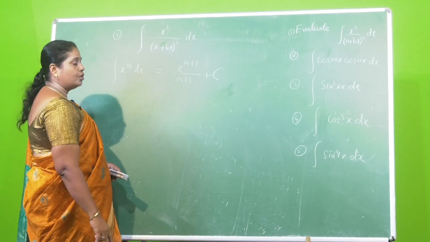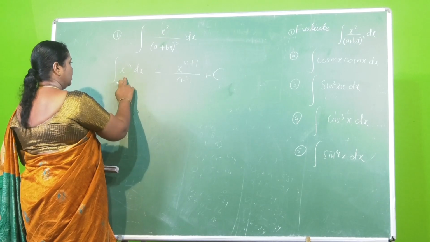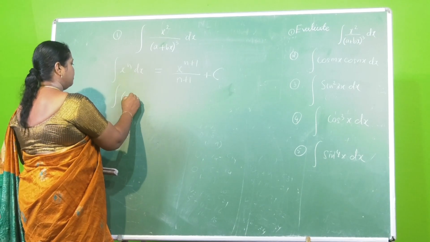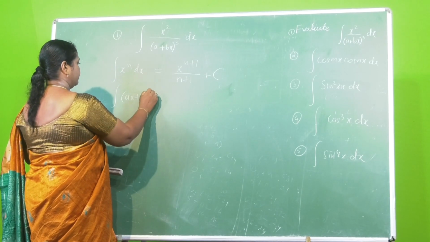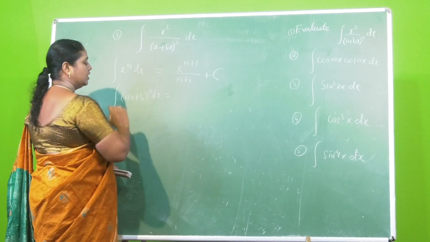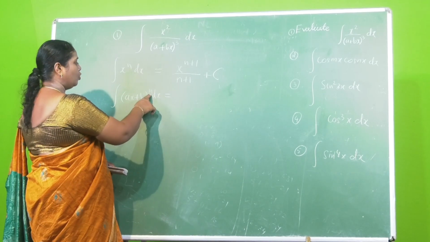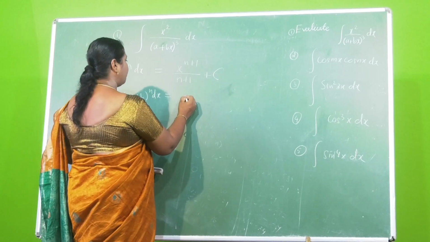Suppose it is of this type, the integral of ax plus b the whole power n dx, what will be the formula?